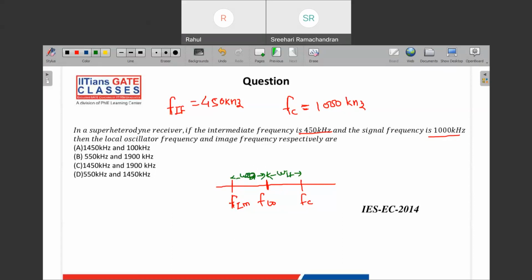Instead of writing omega IF, I will write FIF. So this is one of the scenarios.